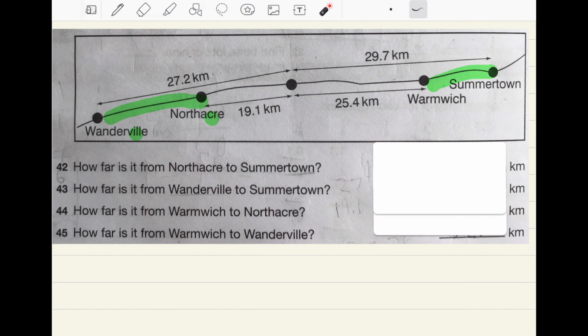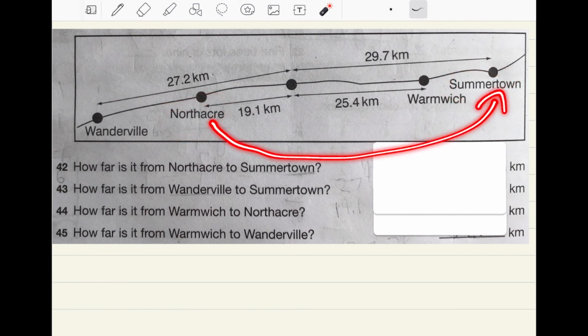And now we are going to do 42. How far is it from Northica to Summertown? Northica is over here, and Summertown is over here.